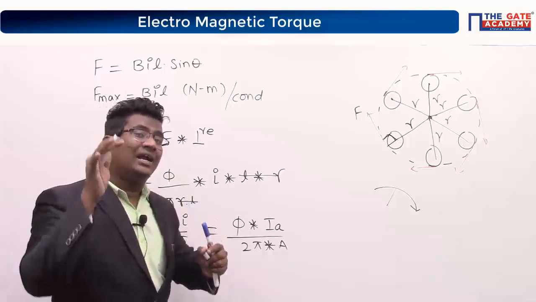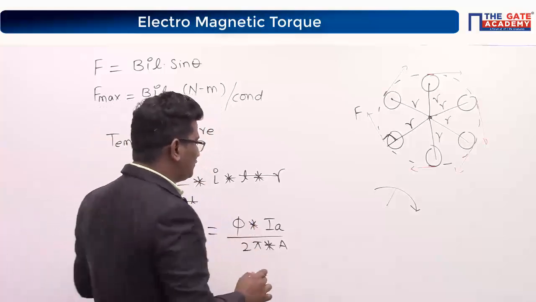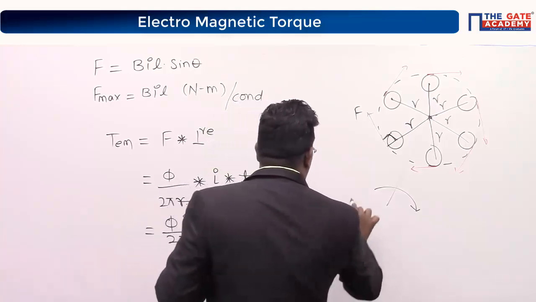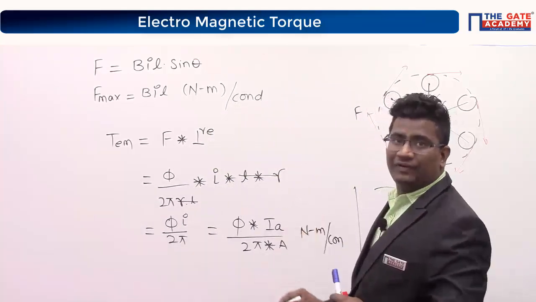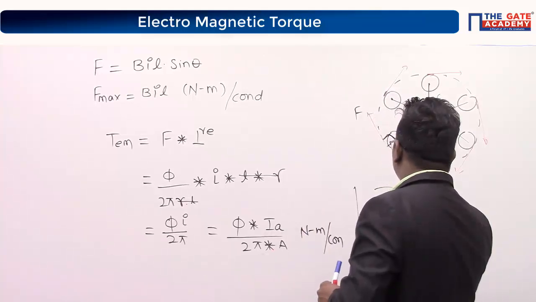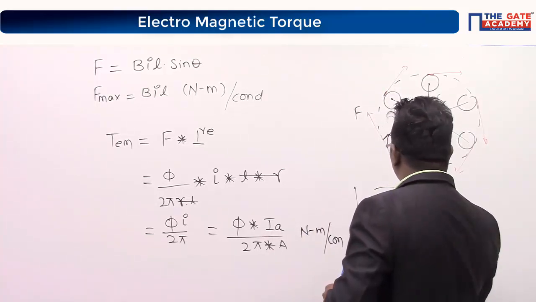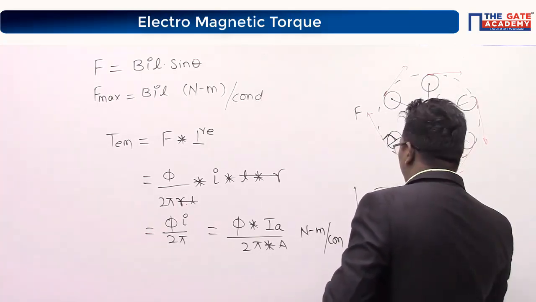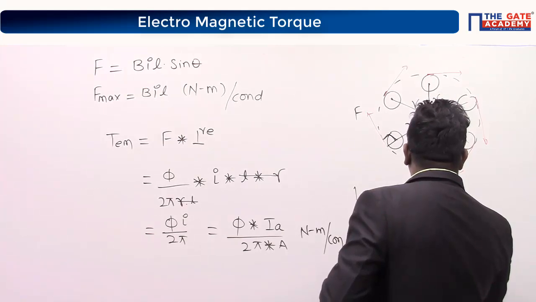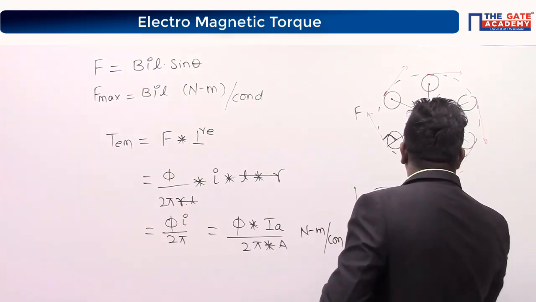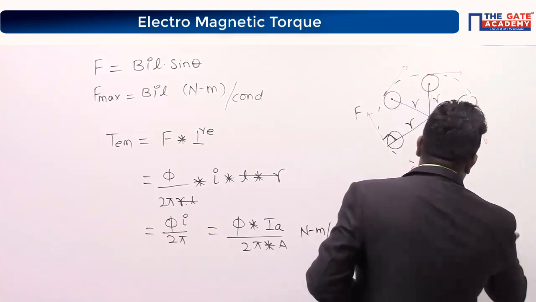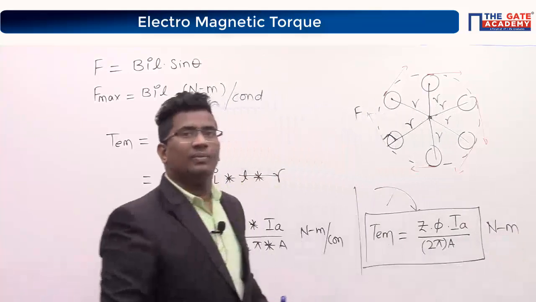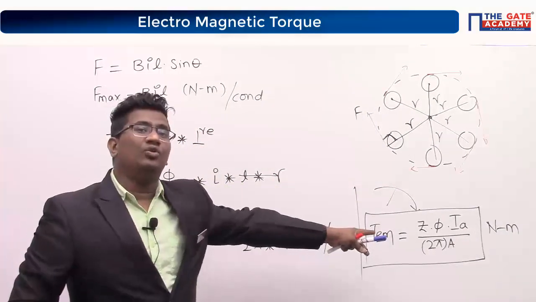Suppose if I have Z conductors, then the electromagnetic torque will be Z phi Ia by 2 pi into A. Now, is this Newton meter or Newton meter per conductor?